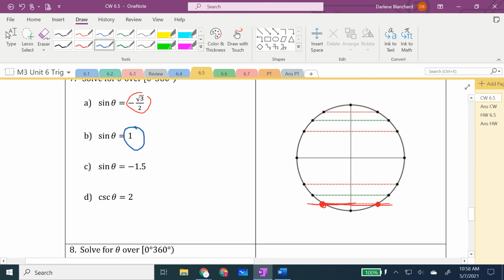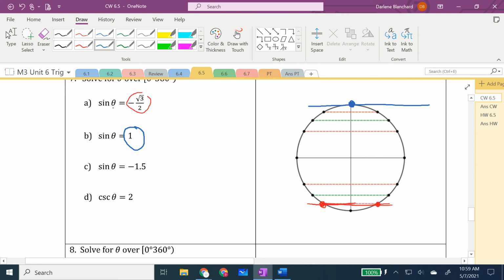Sine theta is equal to 1. I'm looking for drawing a horizontal line where y is equal to 1, and that would just skim the top of the unit circle. This is a rare moment where there is only one answer throughout all the angles from 0 to 360. There's actually only one angle.